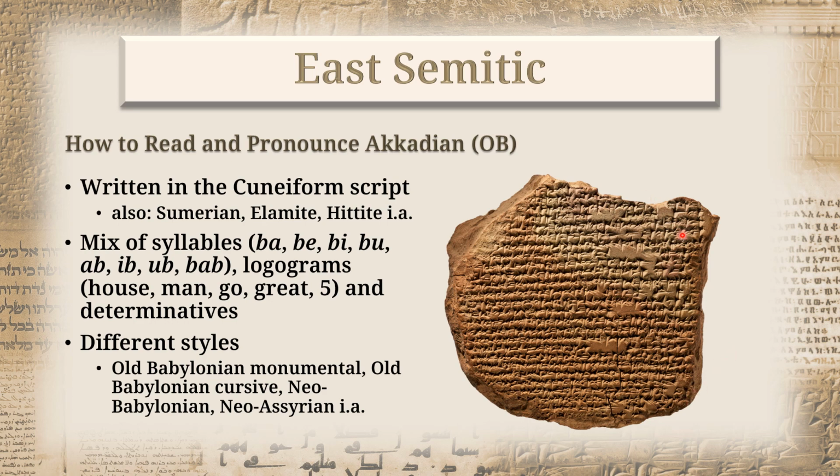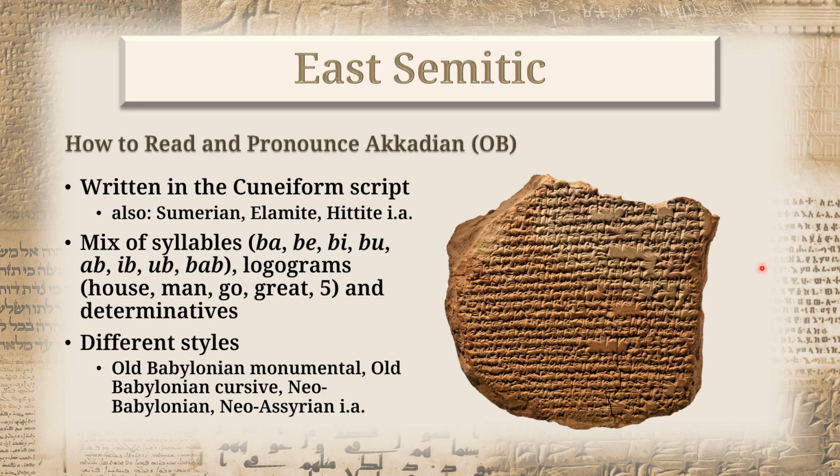So here you see a nice picture of a clay tablet with cuneiform signs. It was invented for Sumerian, but then also used or adapted to Akkadian and other languages that were neither Semitic nor Sumerian, like Elamite, Hittite, etc. And that is also one problem, because the writing system was designed for the Sumerian language, and it was not really fit to be used for languages with totally different phonological systems.